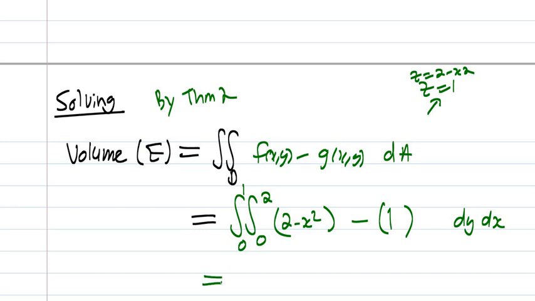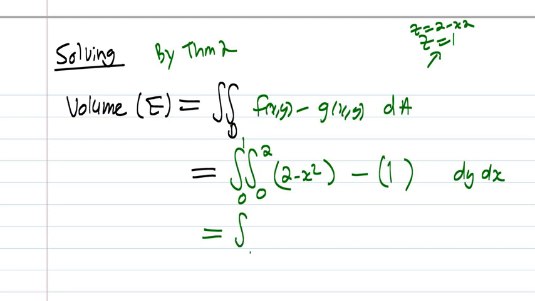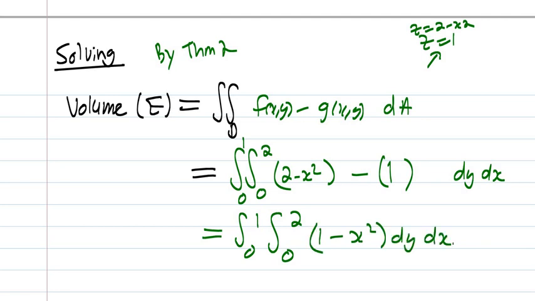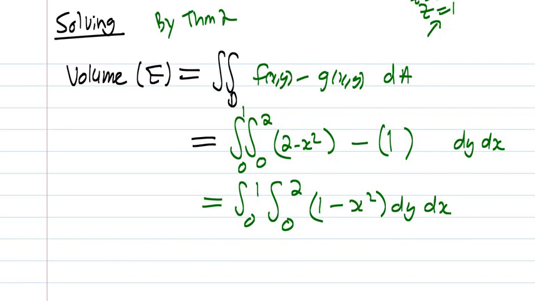So it works out that we now have to do the double integral from 0 to 1, 0 to 2 of 1 minus x squared dy dx. So now it's a double integral, and the region is a rectangle, so this is a very easy calculation. We work from the inside to the outside.